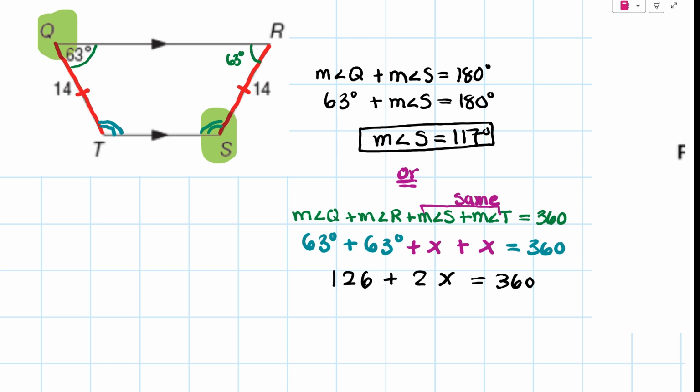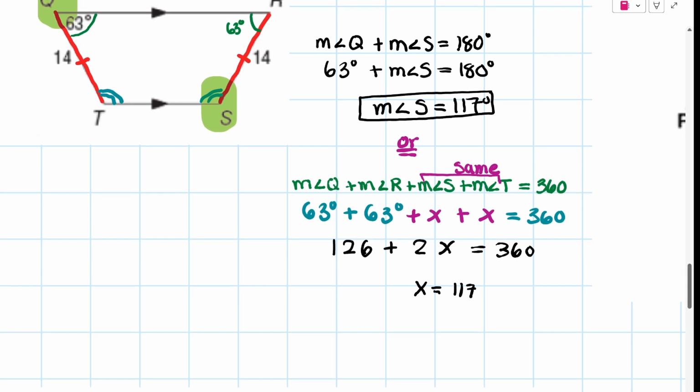And then you would have 2x equals something, and then you would just do the inverse, which is dividing by 2 on both sides. All right, so hopefully once you did all the inverse operations that you need, you would get that the measurement of angle S is 117, which is what we just saw above.